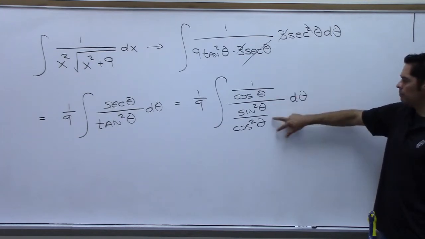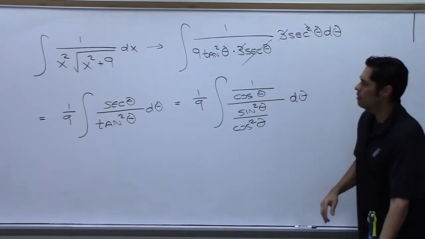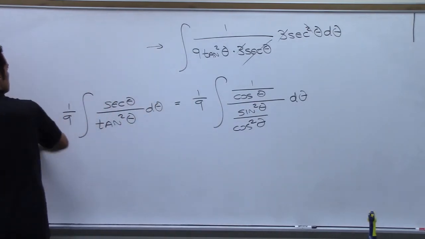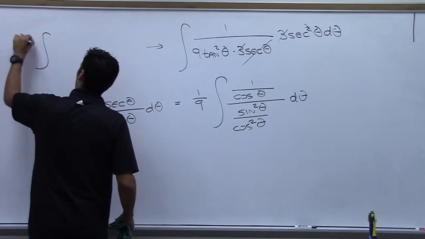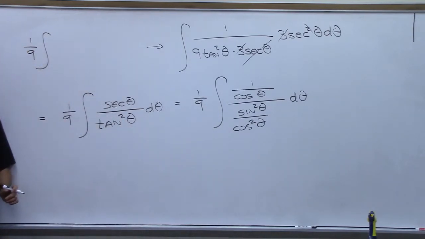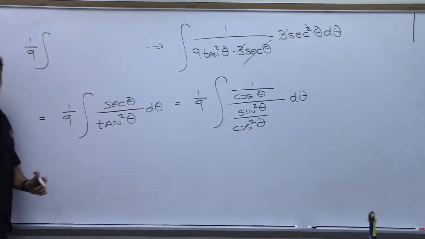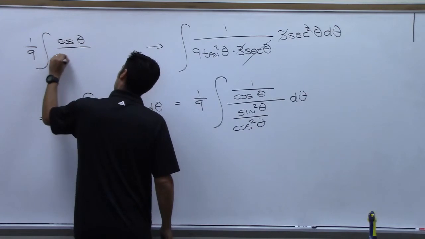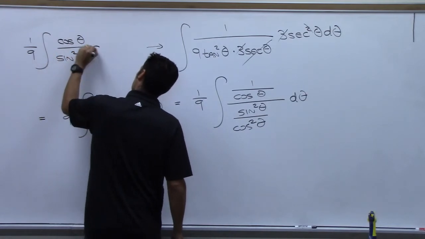When I flip that up, what is it? One of the cosines cancels. So I have what then? You tell me. Cosine over sine squared. Cosine theta over sine squared theta, d theta.